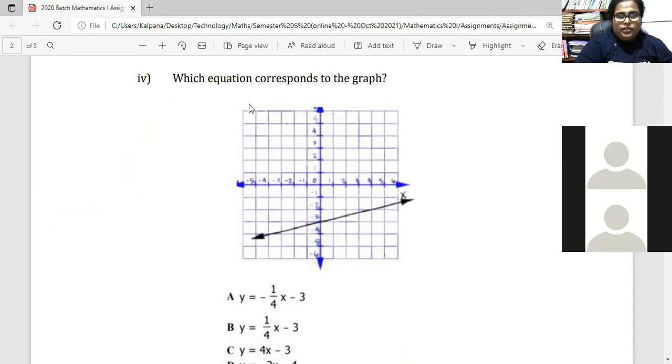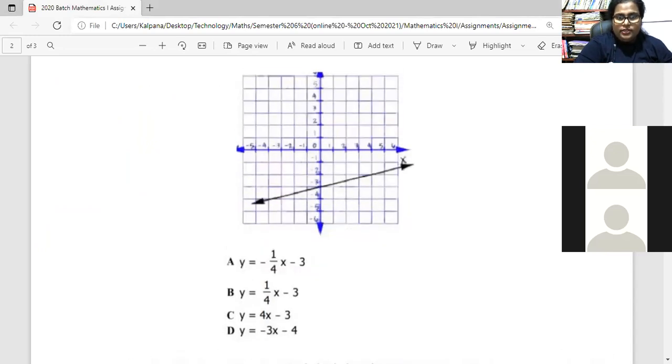You know that it is a linear equation, that means a straight line, so it should be a y equals mx plus c type of equation. We can get some idea about the gradient and the intercept of this equation.